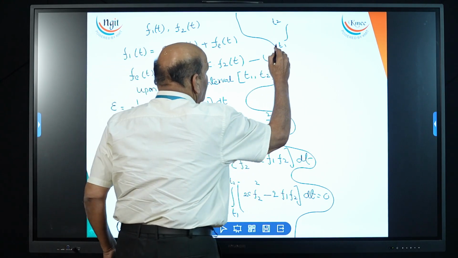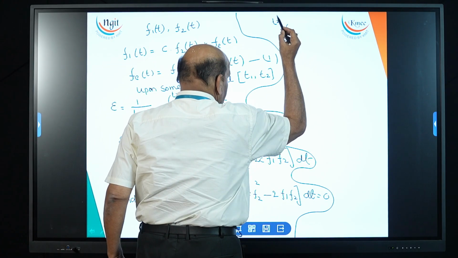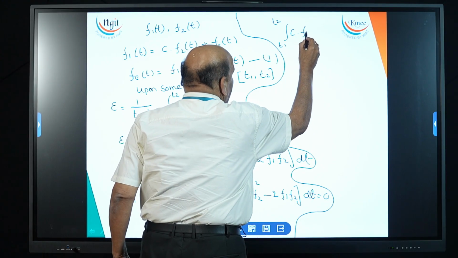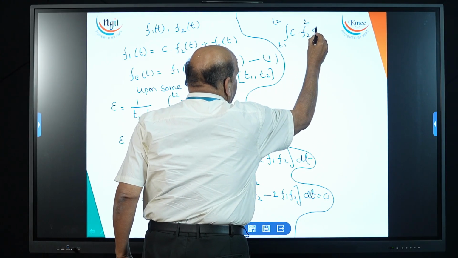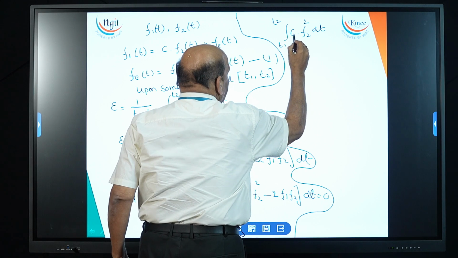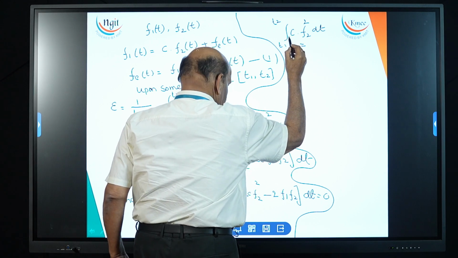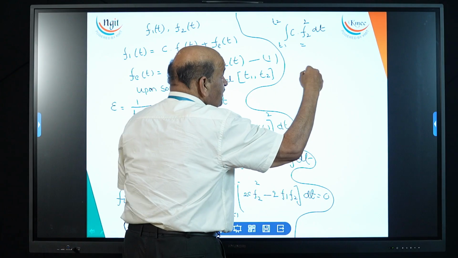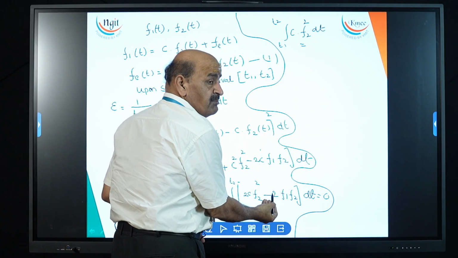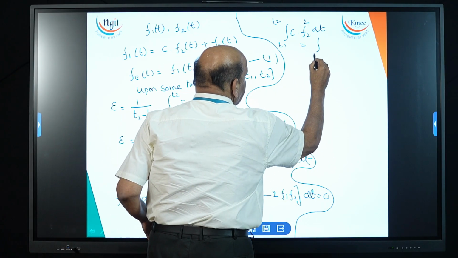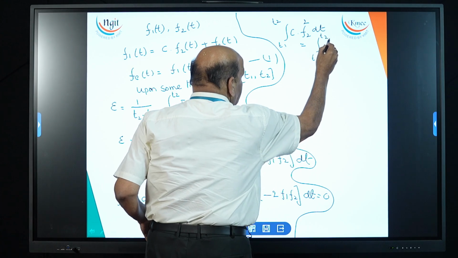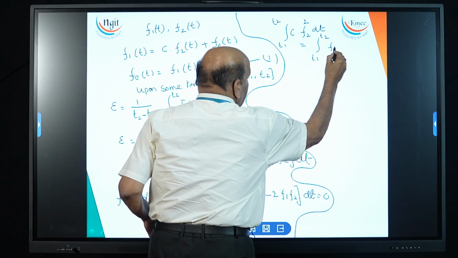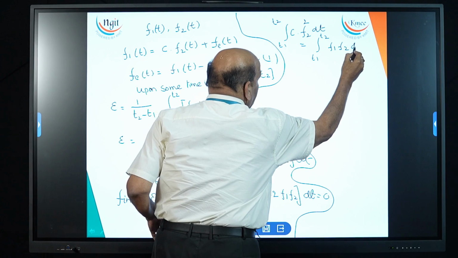So remaining one is called what? c times f2 square dt minus, you take this integral to RHS, it will become minus, will become plus. This becomes integral t1 to t2 of f1 f2 dt.